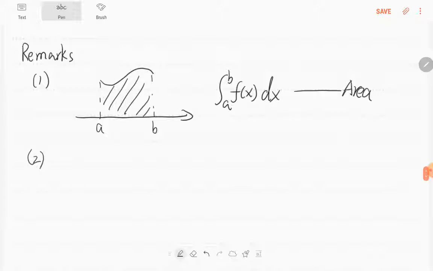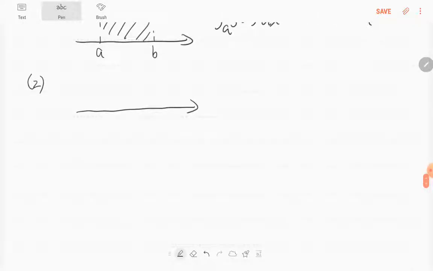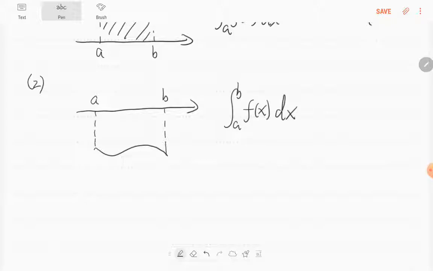Two. If the function is below the x-axis, right? So currently we didn't have any examples below, but it exists. We always have some functions below the x-axis. That means f values are negative. And what does this integral represent?